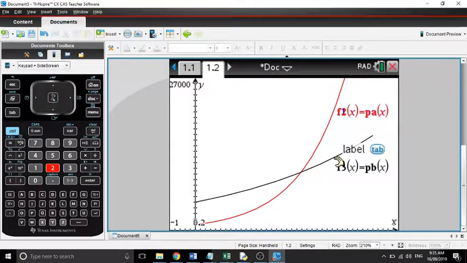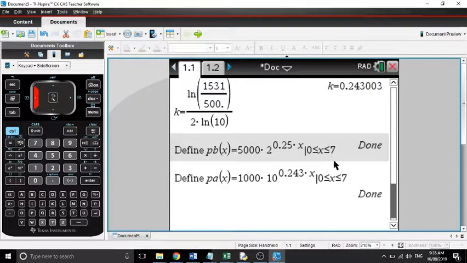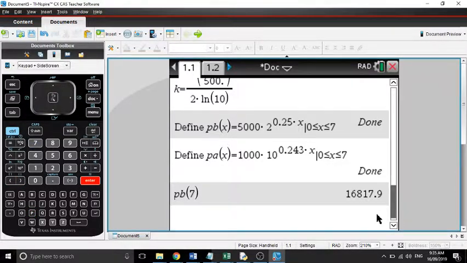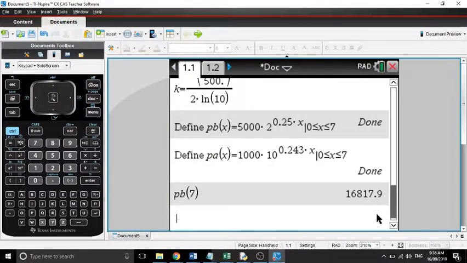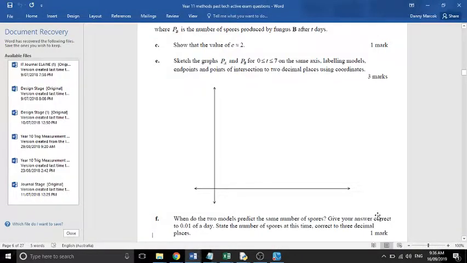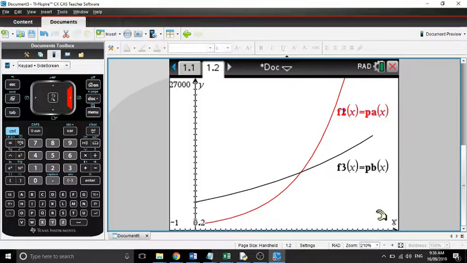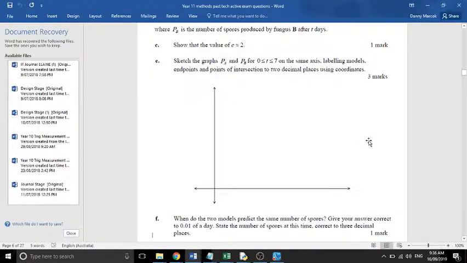So what we'll do, we'll go back to this. We'll say PB of 7. And we're at 16,000. That's odd. Clearly I've gone well above. Oh no, PA is the higher one.